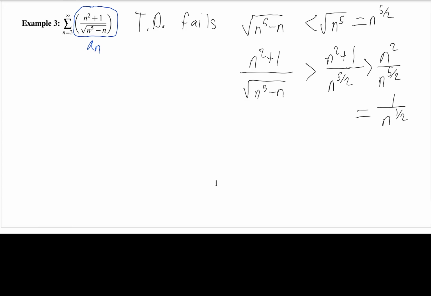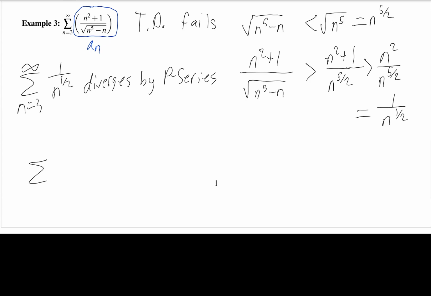And so now I can look at that sum. Well, that sum is going to diverge by the p-series. Which means, since we got something that is always smaller, and it diverges, that means our bigger thing has to diverge.